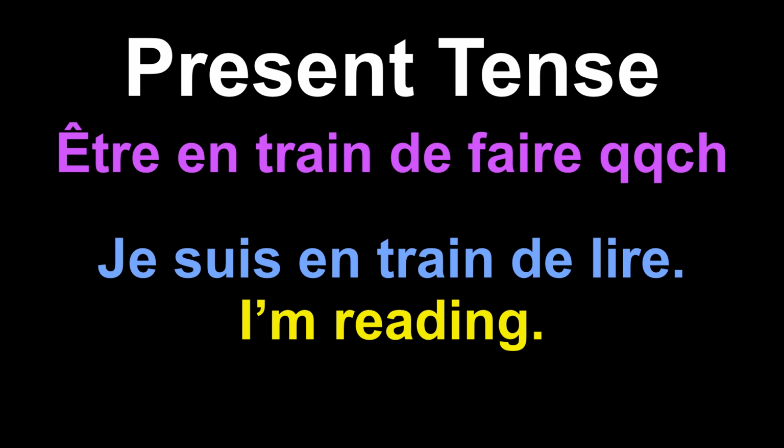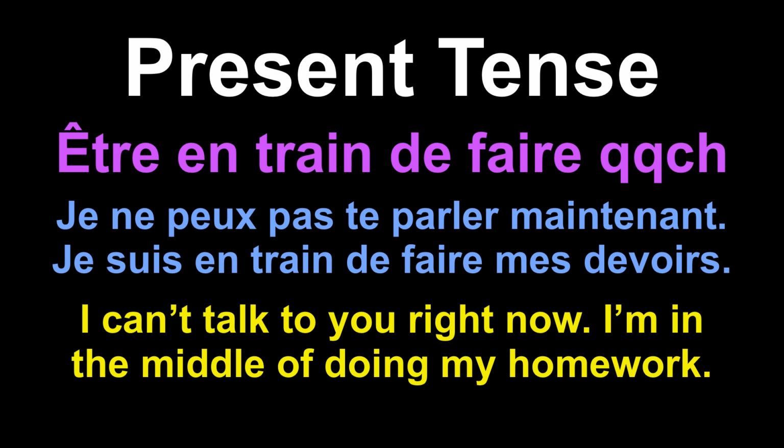I'm currently in the process of reading. So this can emphasize that we're busy and don't really want to be bothered, or that we're doing something that's taking up our attention or requires a certain amount of effort. For example, je ne peux pas te parler maintenant. Je suis en train de faire mes devoirs. I can't talk to you right now. I'm in the middle of doing my homework.